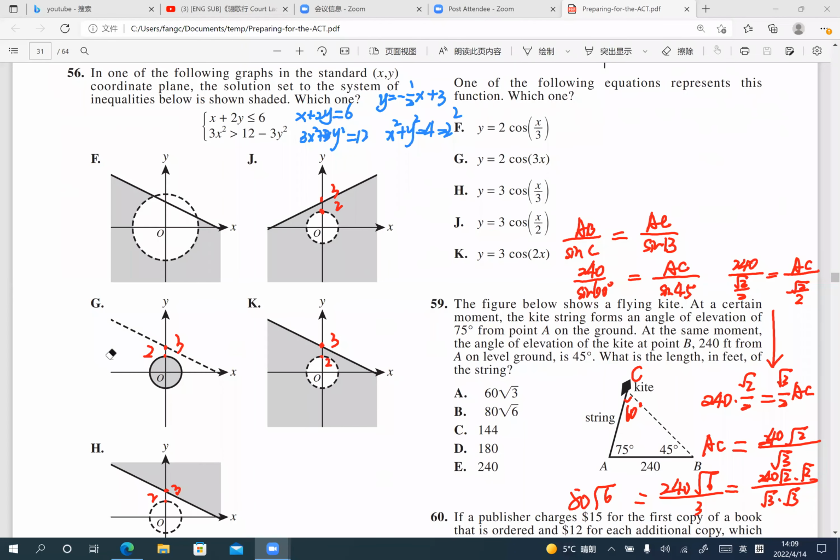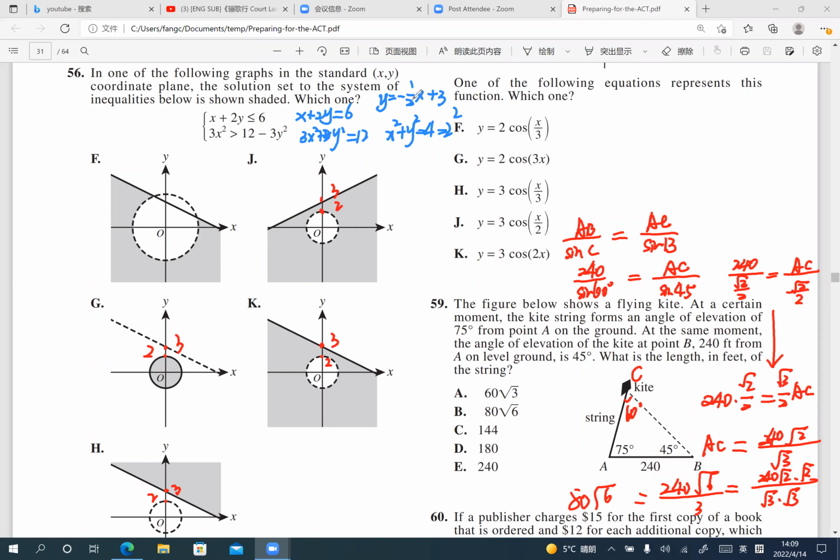Question 56. In one of the following graphs in the standard xy coordinate plane, the solution set to the system of inequalities below is shown shaded. Which one? The first boundary line is x plus 2y equals 6. After we rearrange it, we get y equals -1/2 x plus 3.